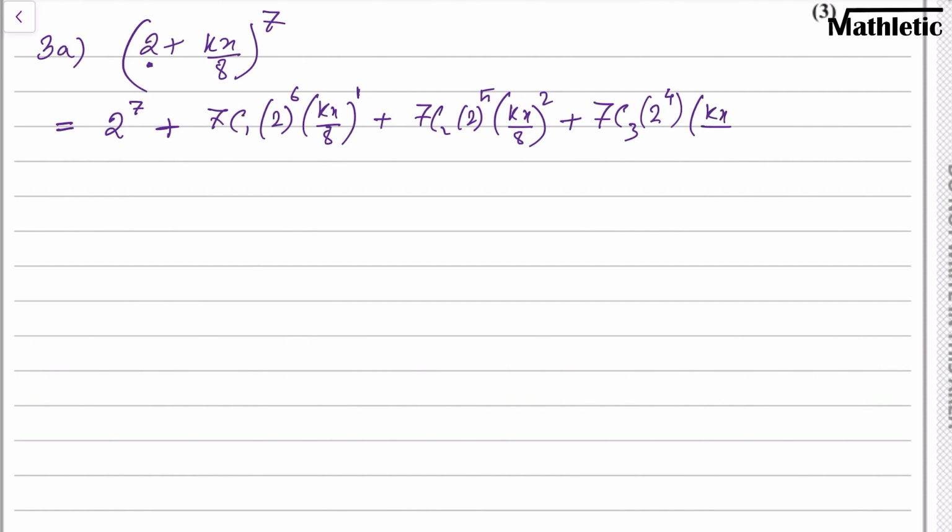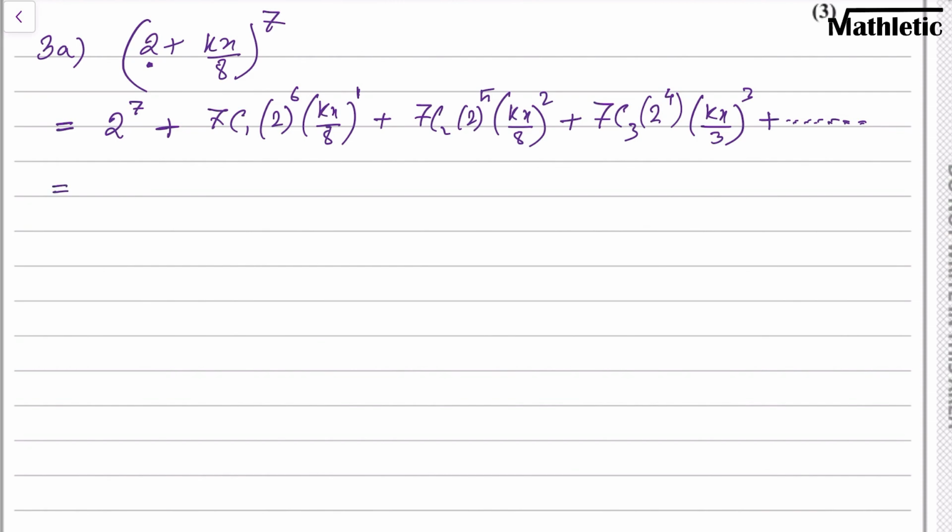And kx by 8 will have the power of 3. You can even cross check, the power of the second term increases, 1, 2, 3. Since we need to select 4 terms, 1, 2, 3, 4, I'm done. I will just start simplifying this, and here I will just mention a dotted line, as in we have remaining terms, but since we do not need them, I'm just stopping here and mention a dotted line to represent the continuation of the series.